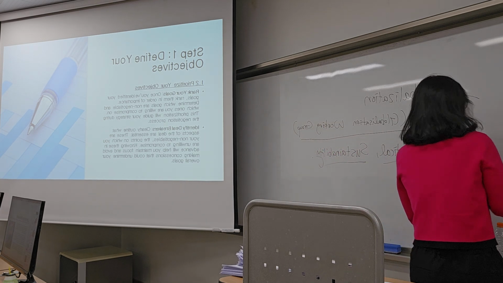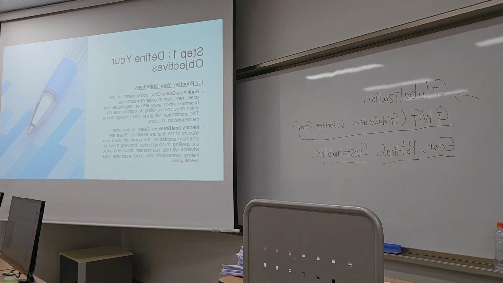This prioritization will guide your strategy during the negotiation process. Identify deal breakers. Clearly outline what aspects of the deal are essential. These are your non-negotiables, the points on which you are unwilling to compromise. Knowing these in advance will help you maintain focus and avoid making concessions that will undermine your overall goal.